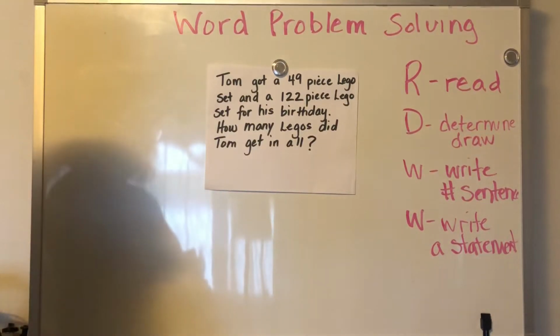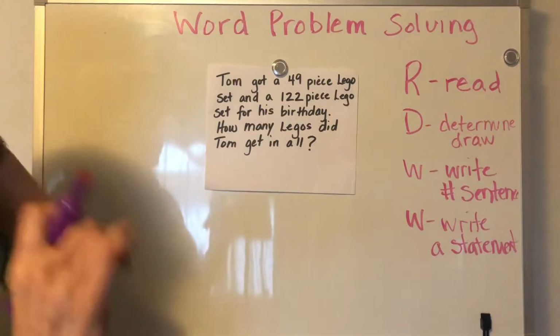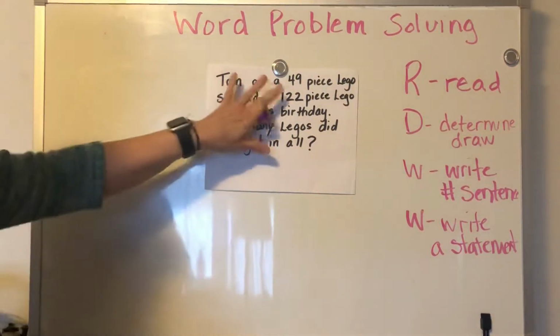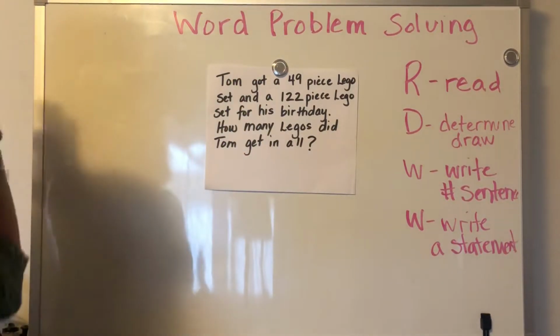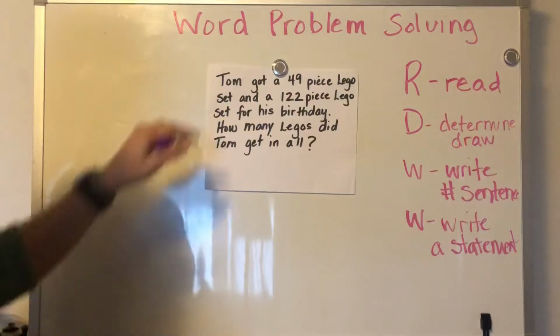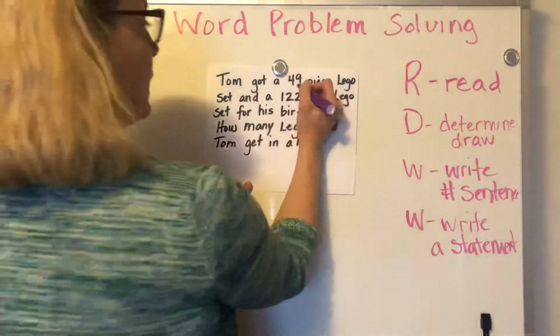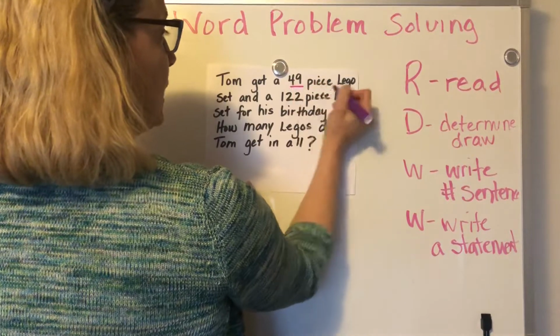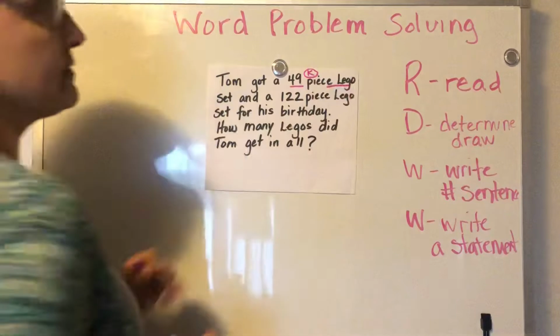And what I like to do is look at my problem and I think about, what do I know from this word problem? What do I already know? So the first thing that I'm looking at that I know is that Tom got 49 Legos. So I'm going to underline this, 49 Legos, and I'm going to put a K because K means know.